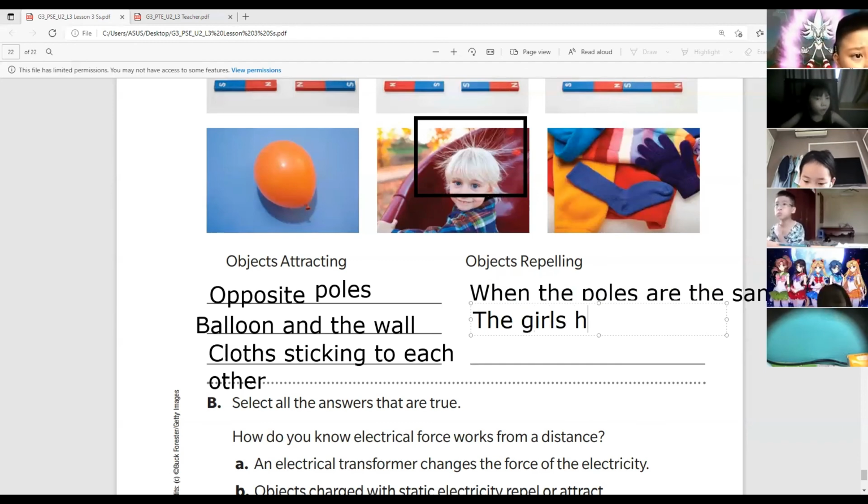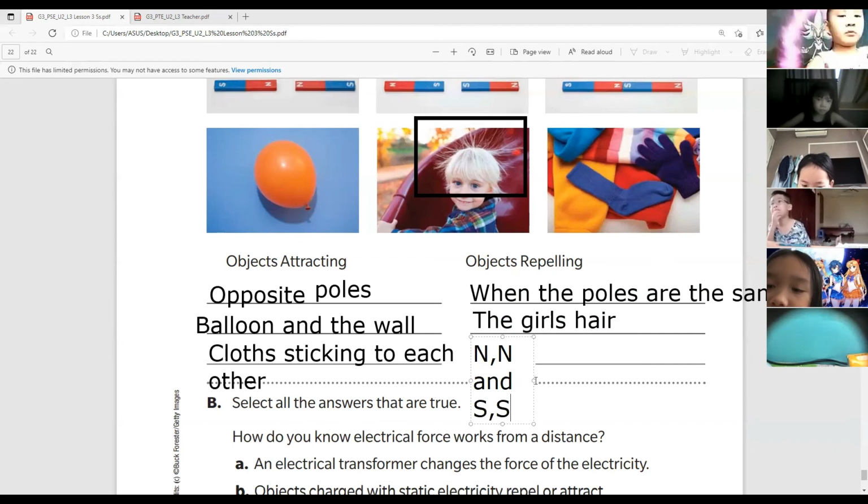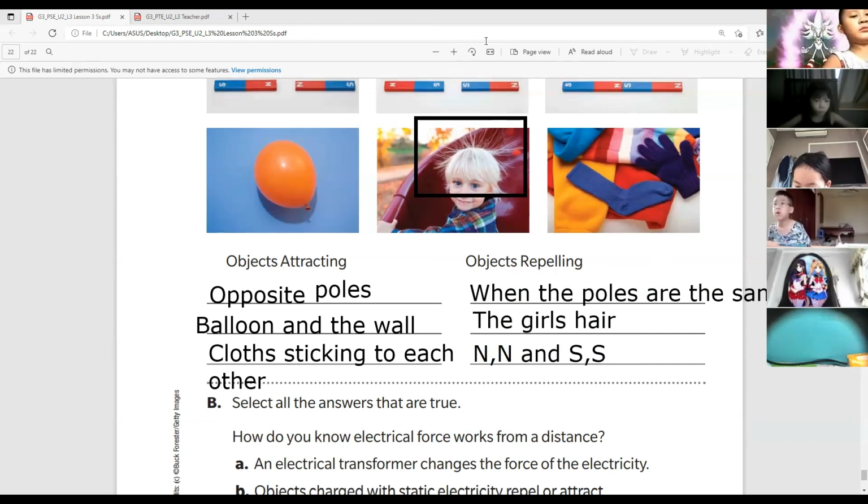The girls' hair. Yeah, hair. Very good. So when the poles are the same, so like north and north, and south and south. Okay.